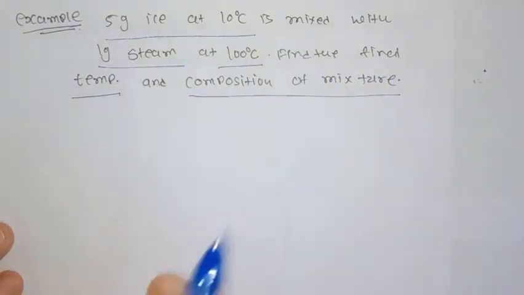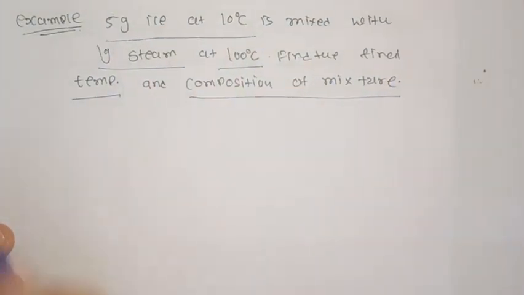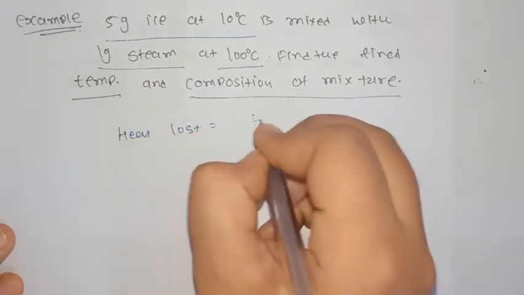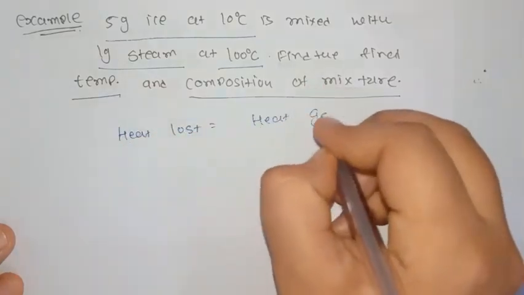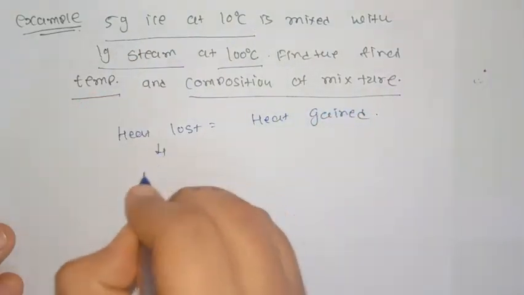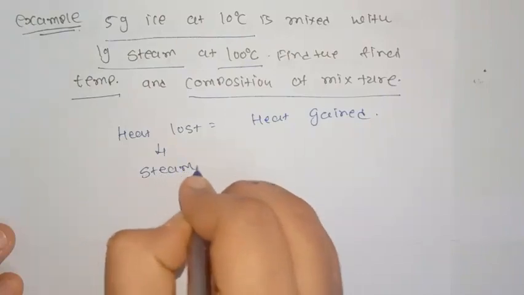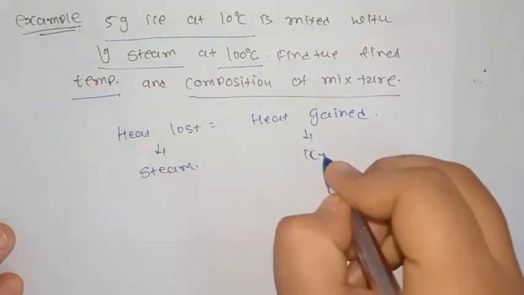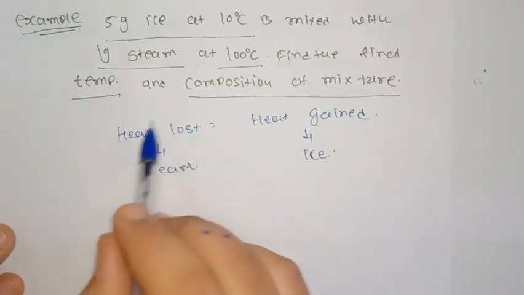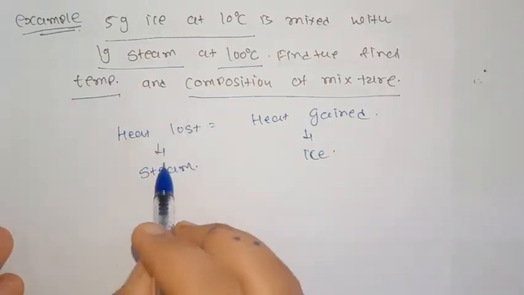Here we will use the principle of calorimetry, that is, heat lost is equal to heat gained. Here heat lost will be by the steam and heat gained will be by the ice. So first of all, let us find the maximum heat lost by the steam.